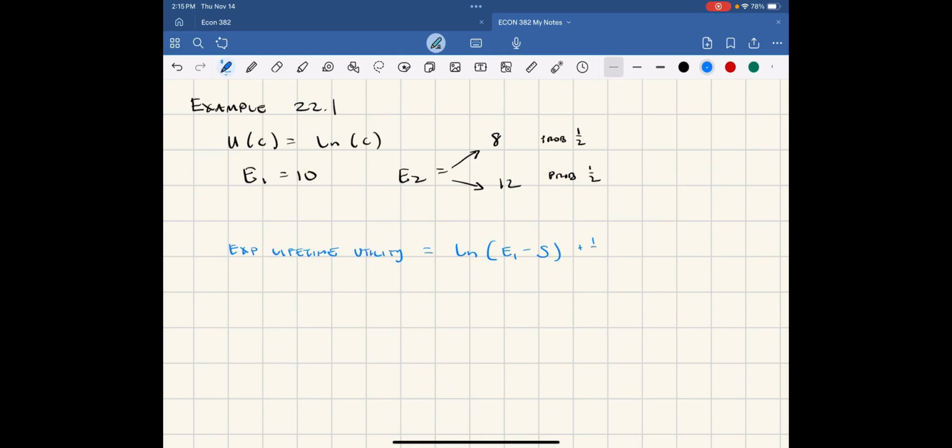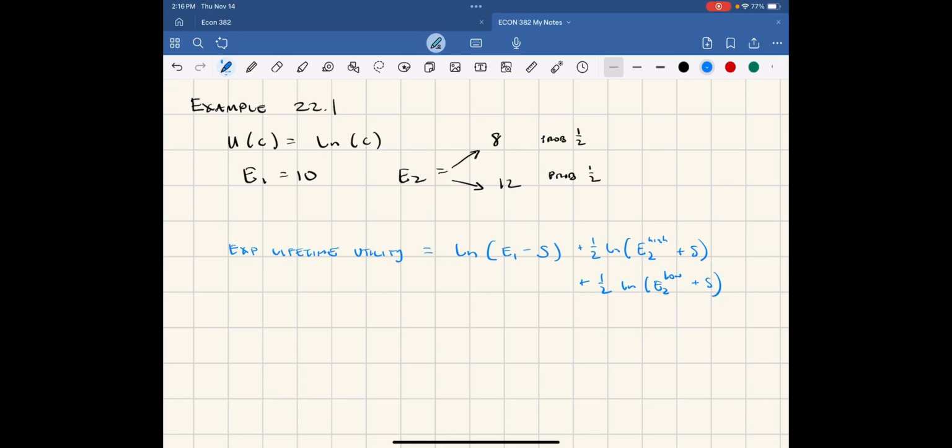So this is where we'd get 1/2 log of the earnings in period 2, if they are the high earnings, plus S, plus 1/2 log of the earnings in period 2, if they're the low earnings, plus S.